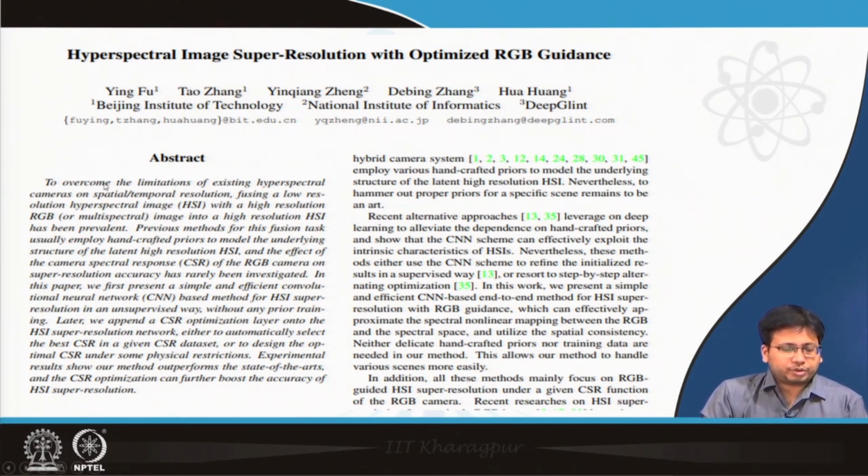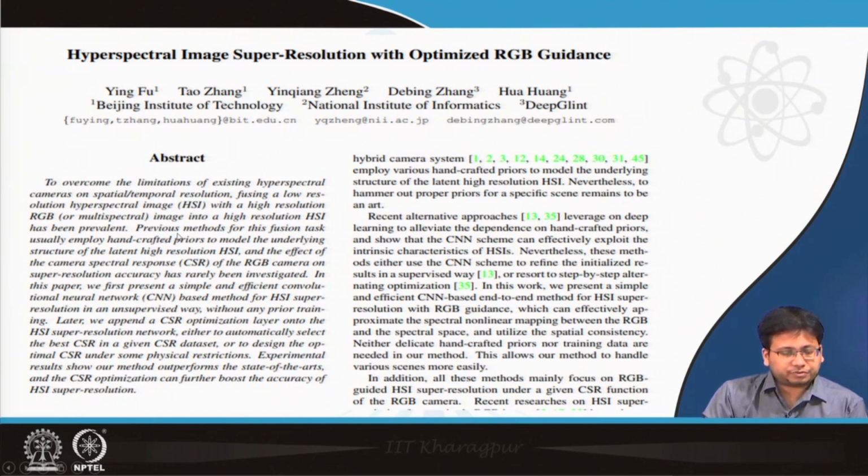So in this case also we are doing something along those same lines. To overcome the limitations of existing hyperspectral cameras on spatial or temporal resolution, fusing a low resolution hyperspectral image with a high resolution RGB image into a high resolution HSI has been prevalent.